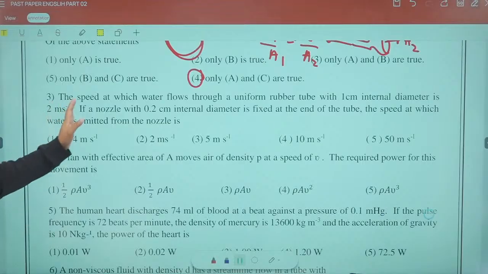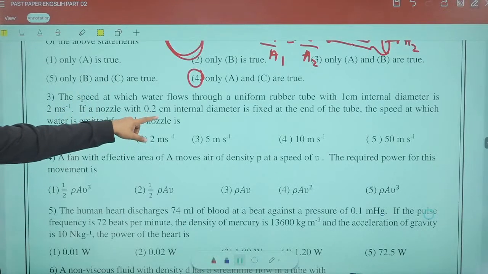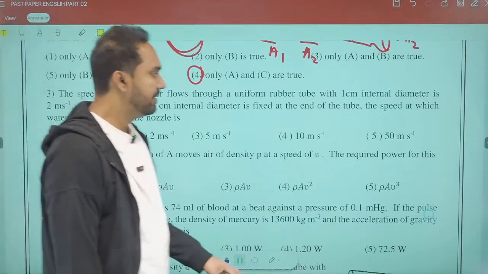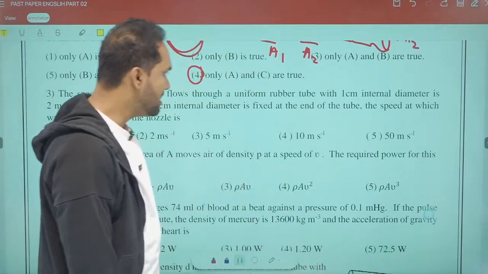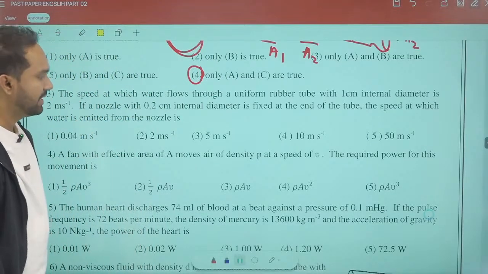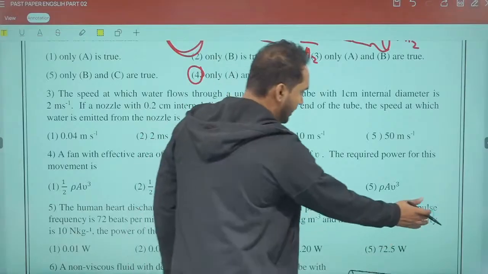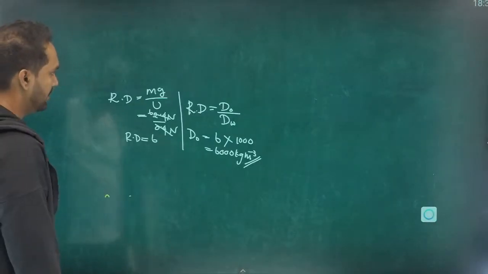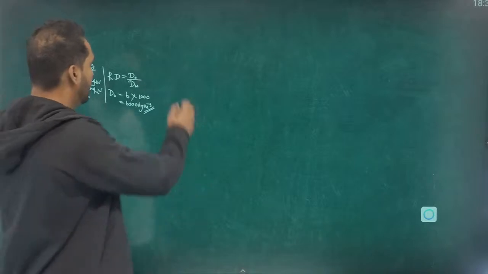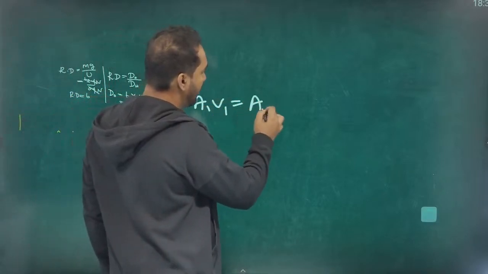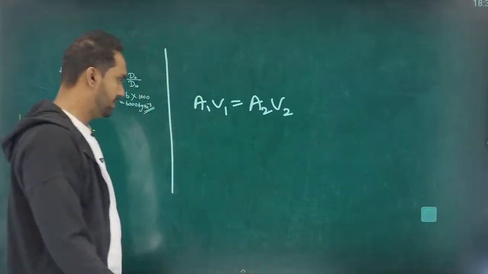I'm sorry, this is centimeters, of course, diameters, not the area. So now there's velocity, there's the diameter. You just have to take the continuity equation, which is A1 V1 equals A2 V2. That is the equation you're supposed to use.